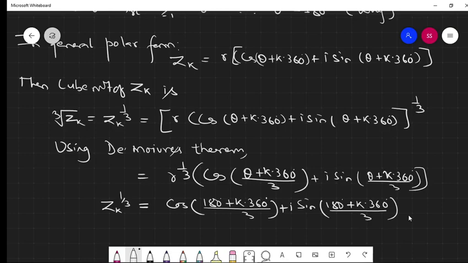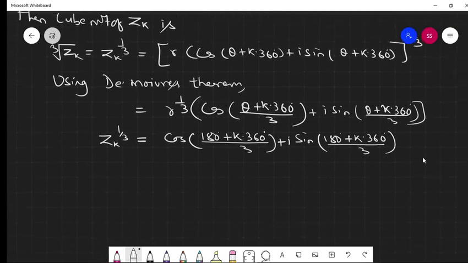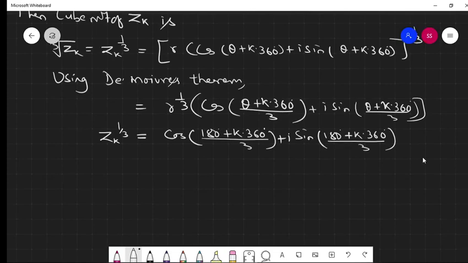We obtain this result. And for the cube roots, put k equal 0, 1 and 2.